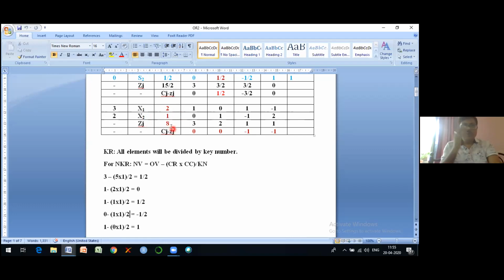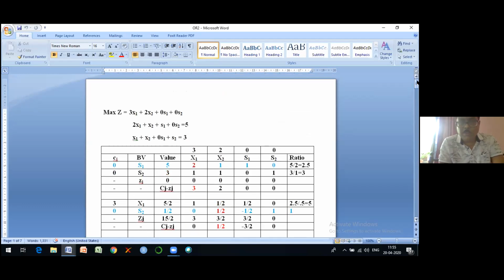So we can say that we have to produce 2 units of x1 and 1 unit of x2 so that our profit Z will be maximized.